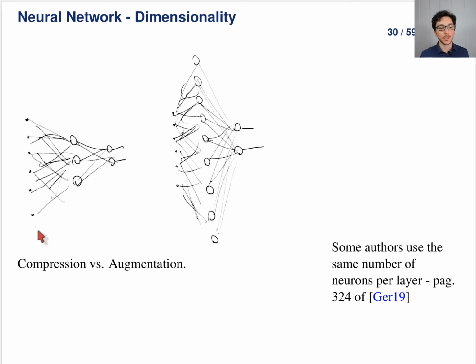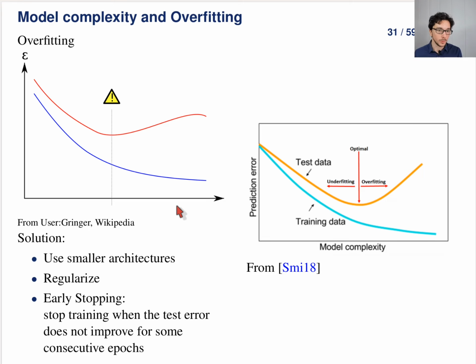So you are doing dimensionality reduction. You can also do the opposite. You start with a certain feature vector, and then in the hidden layers you have more neurons than the dimension of the feature vector. In this way, you are instead augmenting the representation of your data. So you can play with these architectures depending on what you want to do.